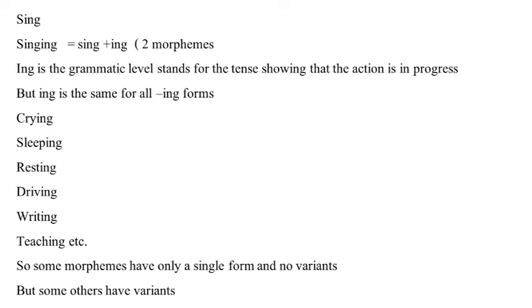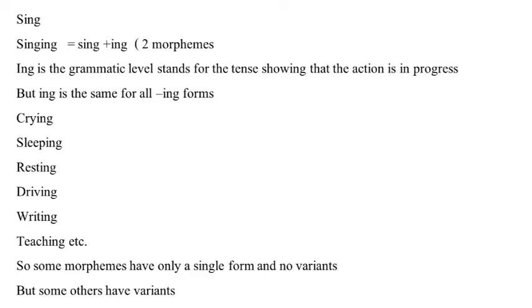Here the ing form has only one single form. It doesn't have any change at all. But when there is a variation, that is what we describe as allomorphs.